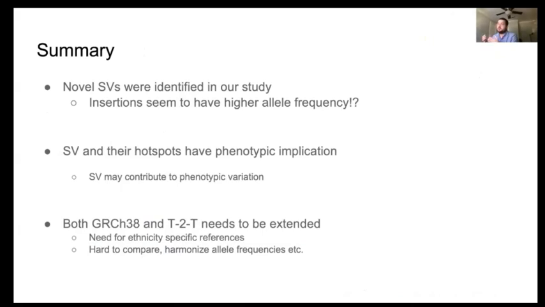We could see interesting effects of the structural variant hotspots, as well as phenotypic impacts across this study. And in the end, I briefly showed you some examples of how we can extend GRCh38, but also T2T itself, and how much this is needed as a medically relevant, representative human reference.